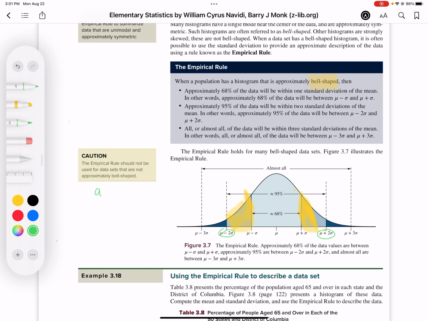So 95 minus the middle 68% gives 27%. For each part, we divide by 2 to get the answer. 27 divided by 2 is 13.5%. So you can find those numbers and continue to do this for the tail.